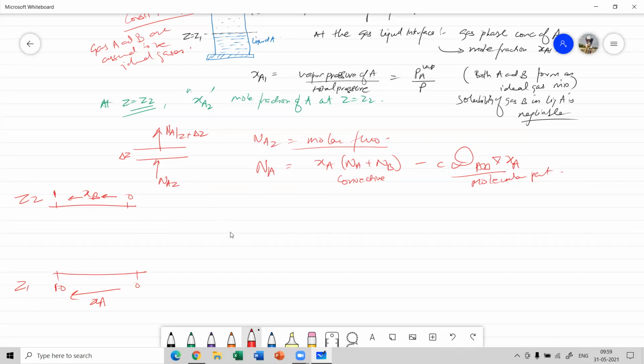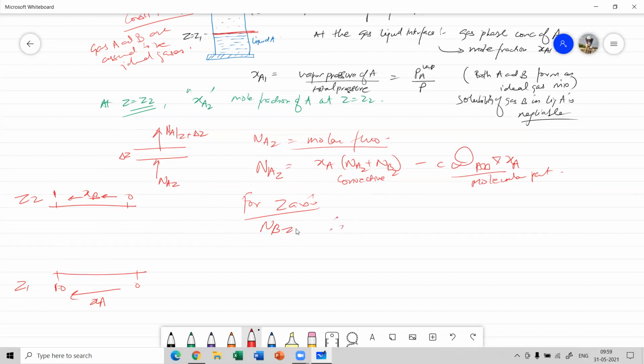For the Z axis, we write NAz. Clear? In this case, at Z equal to Z1, there is no B transported, so NBz is 0.